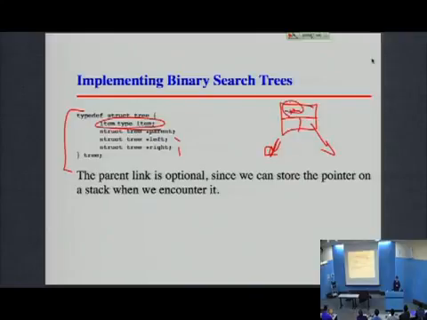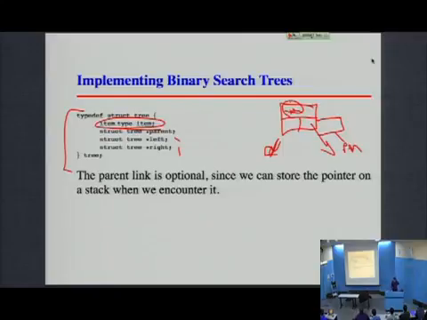And I could have an optional pointer, if I want, that would be the parent. For completeness, it is often good to have a pointer to your parent, to get in touch with your parent. Any questions about that?